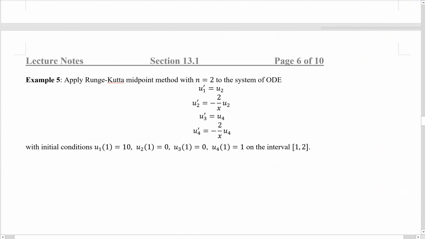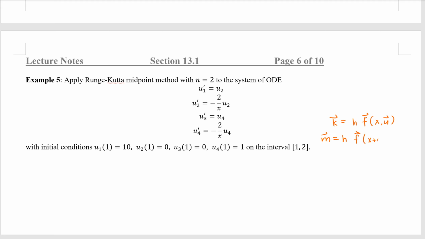Oh, by the way, let me write down the formula here, then we don't need to go back and forth to the previous page to look it up. So k equals h f of x, u, m is h f of x plus 0.5h, and then u plus 0.5k. And then u_{i+1} equals u_i plus m.